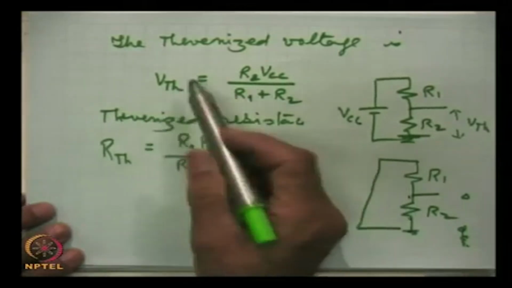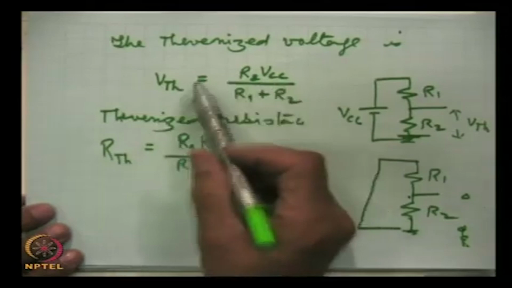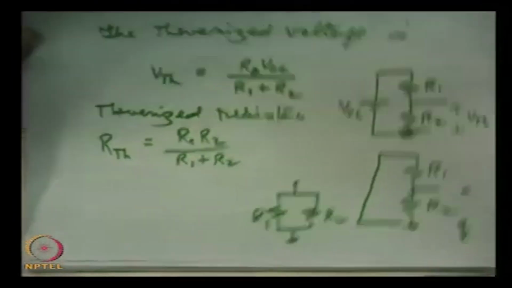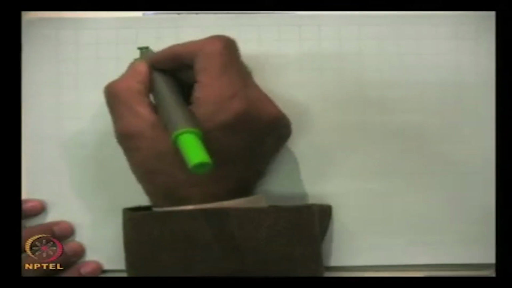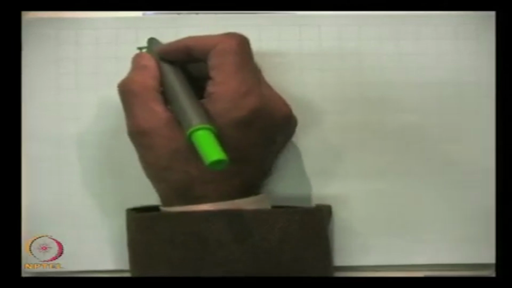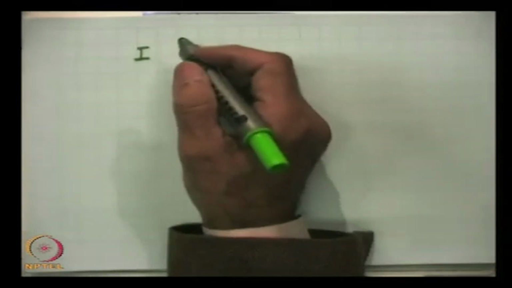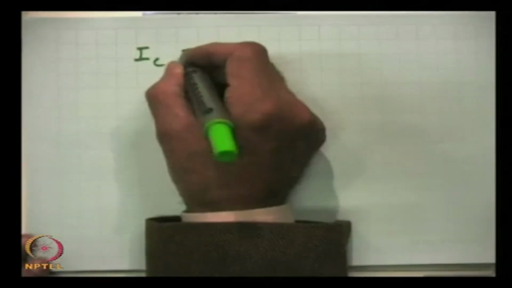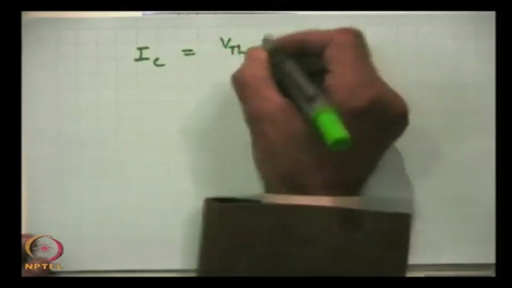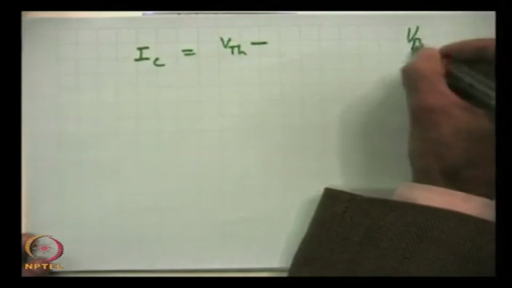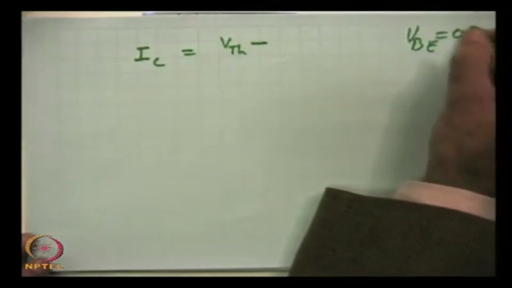So, these are the Theveninized voltage and Theveninized resistance in the circuit, and then the final equation which we wrote, which showed the high stability, can be written with the voltage, because earlier this terminal was connected to VCC. So, that VCC is to be replaced by VTH. So, this is VTH and this is VBE, which for silicon transistor is 0.7 volts.